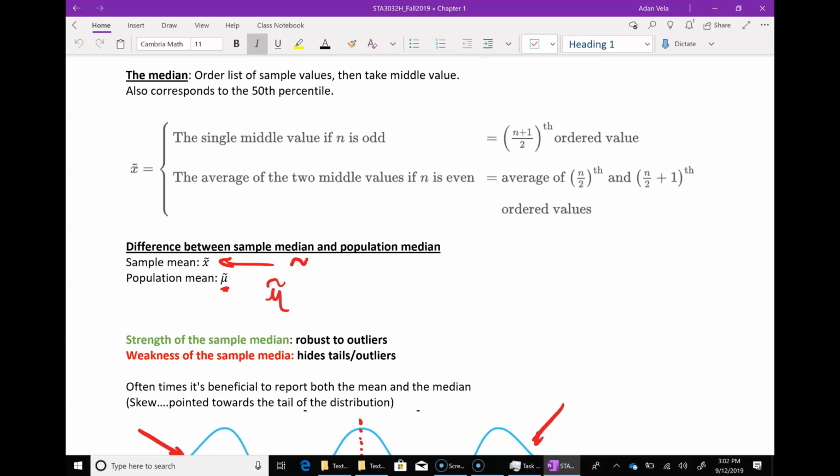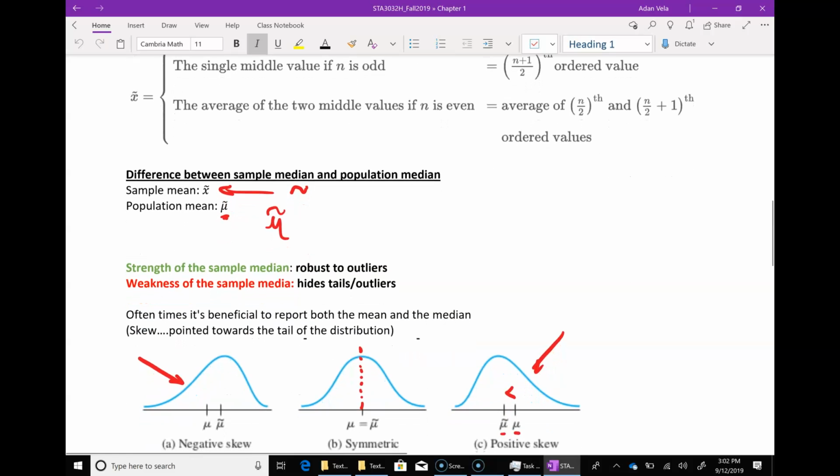The issue, or actually one issue with that, could be that you actually hide tails that aren't even necessarily outliers. So let me give you a case. So let's say I asked 10 folks, what's your income?